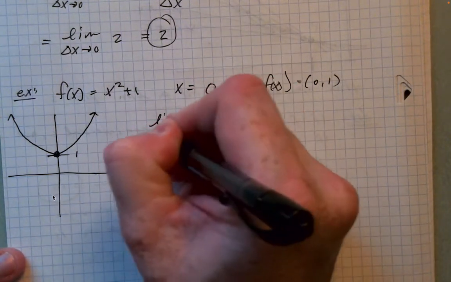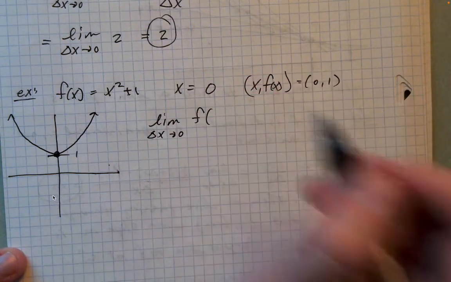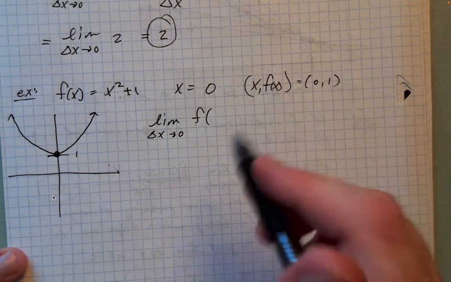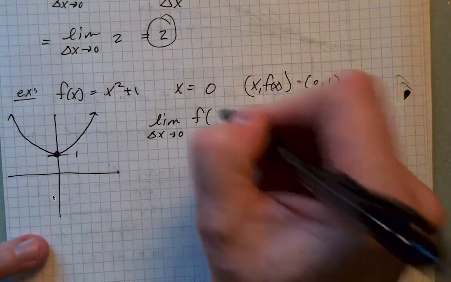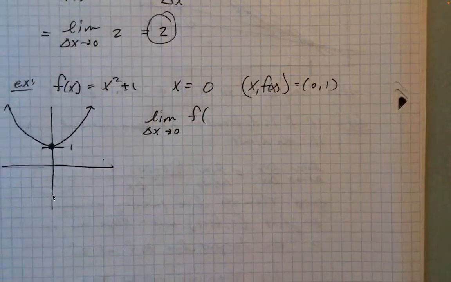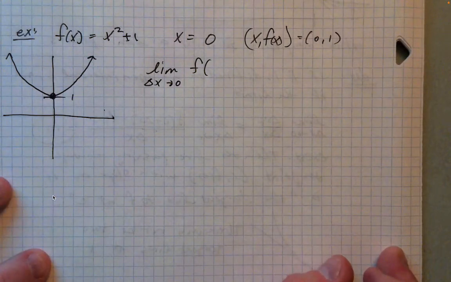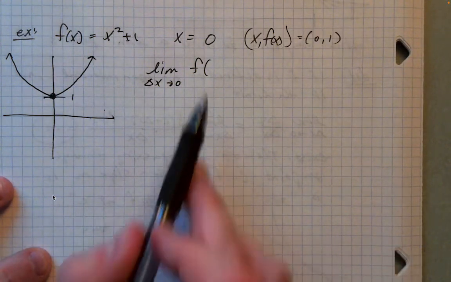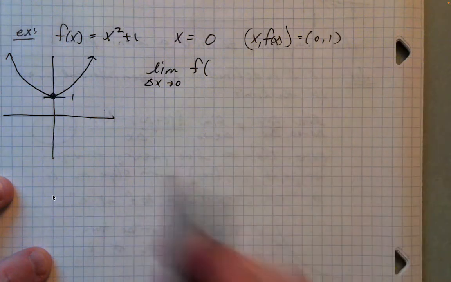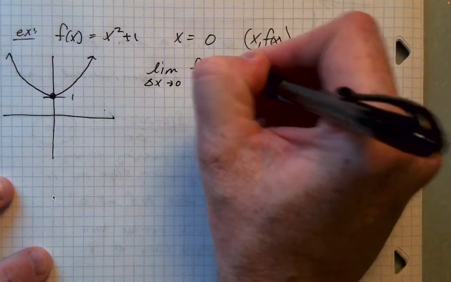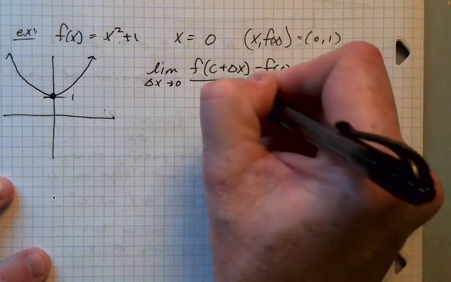Okay, so let's plug this guy into our limit here. So the limit as delta x goes to 0 of f of, in this case, c plus delta x, and c is 0. I'm just going to leave the c in, just because I want to get down to a more general version of it. So c plus delta x, minus f of c, all over delta x, right?